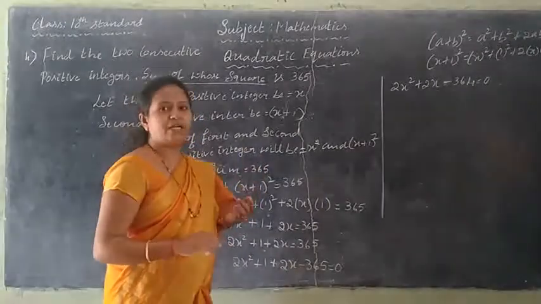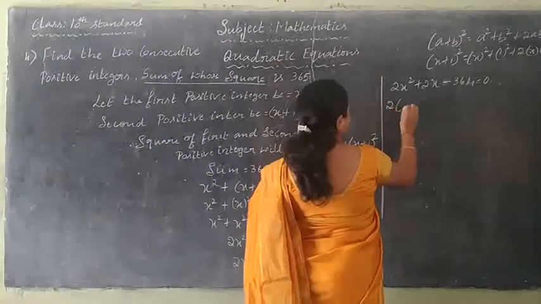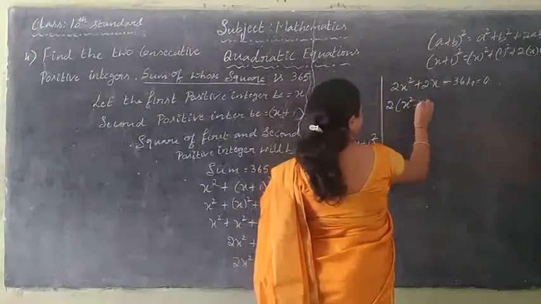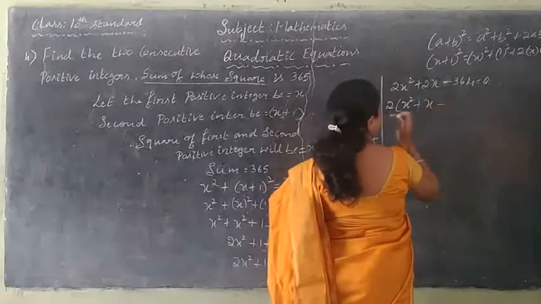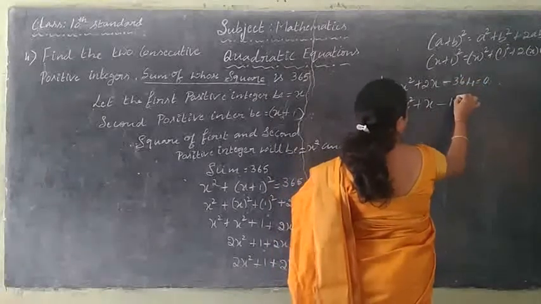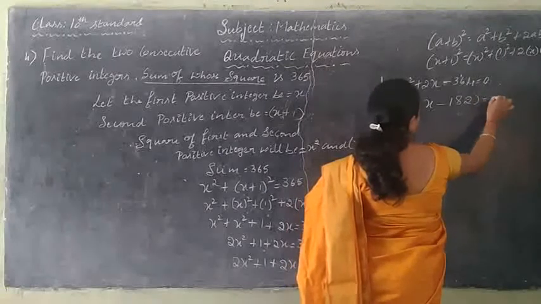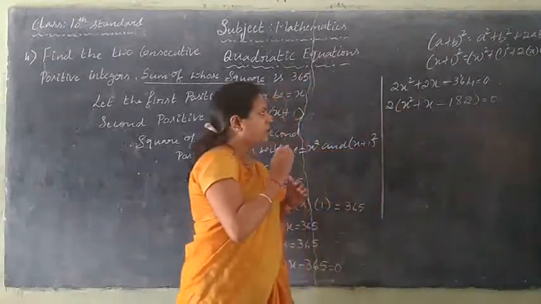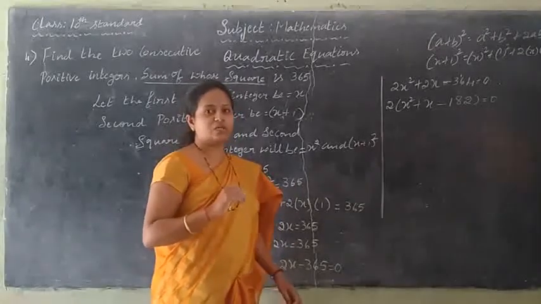Okay. Can we take 2 as common here? Yes, 2 as common. So we got the equation 2x square plus 2x minus 364 is equal to 0, children.